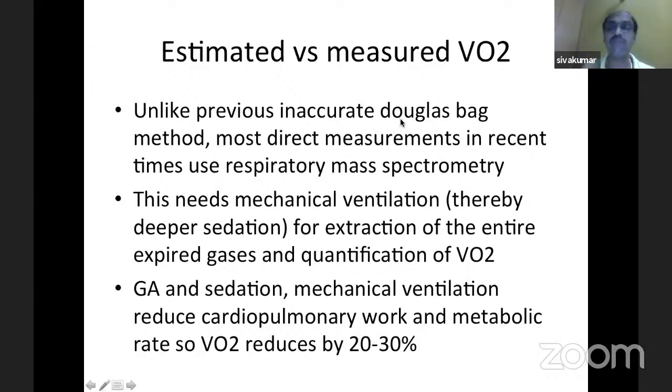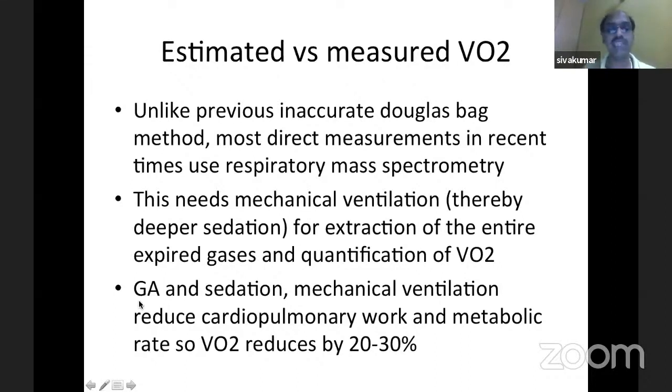But to be very precise, we should be able to get the entire expiratory air out and analyzed. So this means the patient has to be mechanically ventilated, which means the patient has to be in a deeper level of sedation for extraction of the entire expired gas and quantifying the VO2.